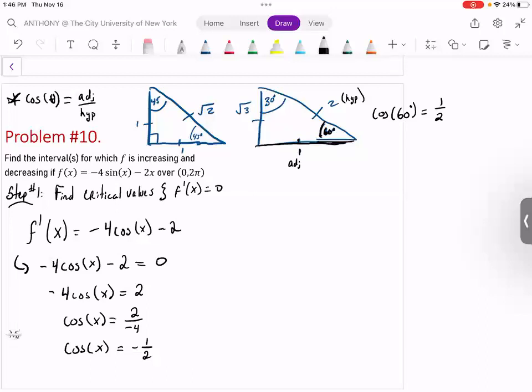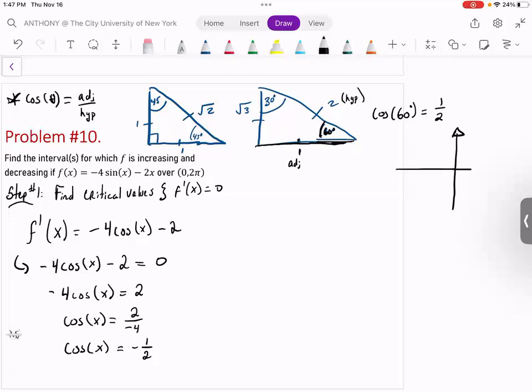But we got to be careful here, because if you want to find your critical values, you have to find some angle that, when you evaluate it at cosine, gives you -1/2. Now, these angles should have a reference to 60 degrees. If you think about the unit circle, or just think about angles on the Cartesian plane, it gives you insight on where the cosine of some angle will give you -1/2.